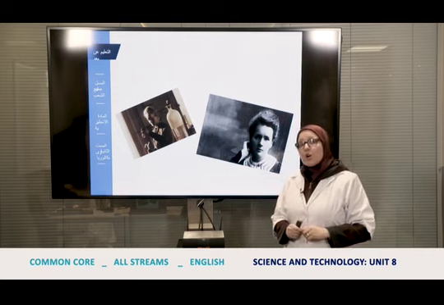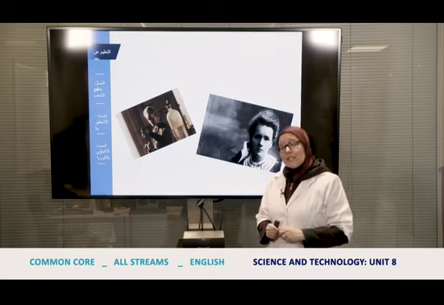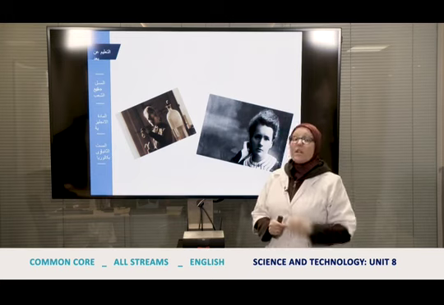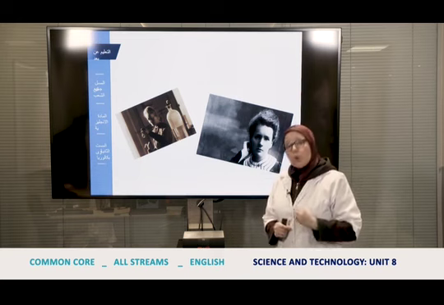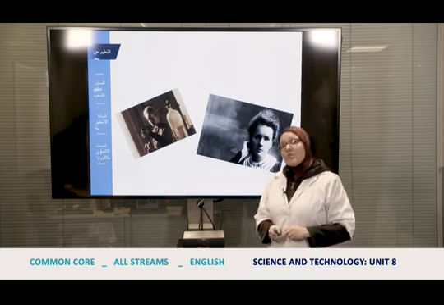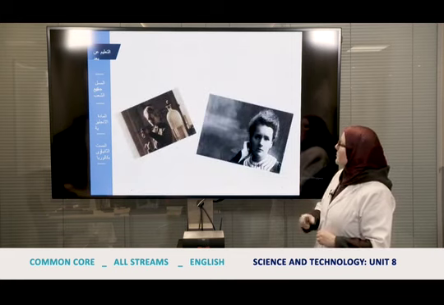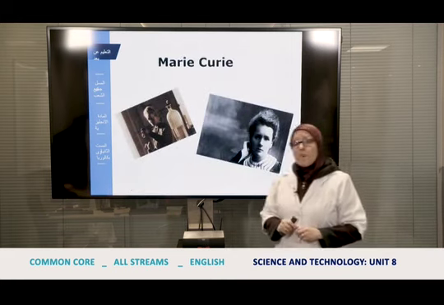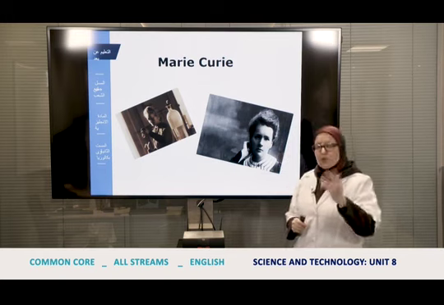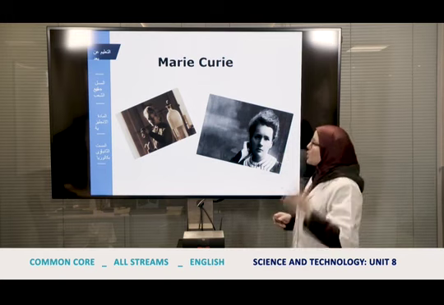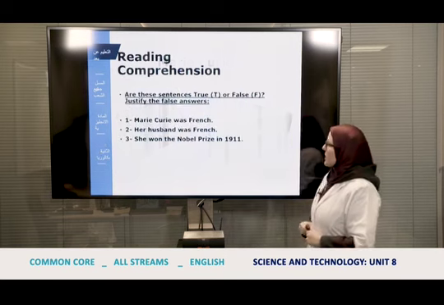You're going to discover why, because we have a conversation in which two people are explaining why this woman is really very important in the field of science. So her name is Marie Curie, all right? I'm sure that most of you know her since you have studied her in other subjects. So her name is Marie Curie.